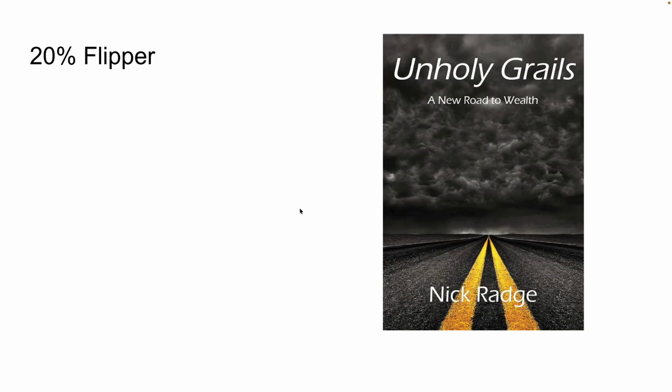So the strategy name is 20% flipper, and it's one of the strategies that is described and back tested in the book Unholy Grails by Nick Radge.